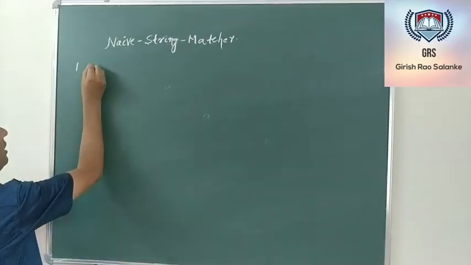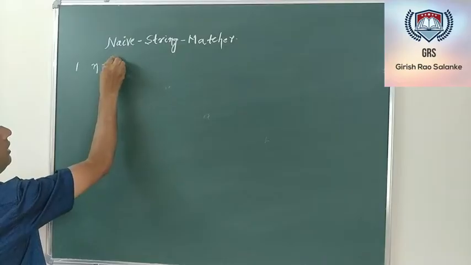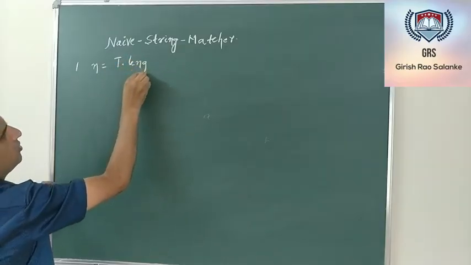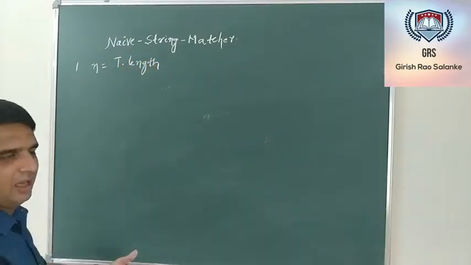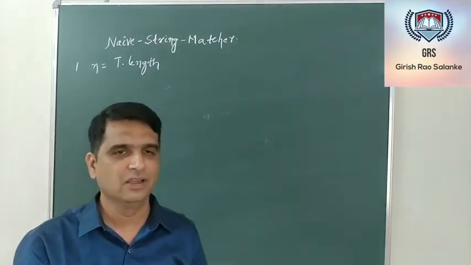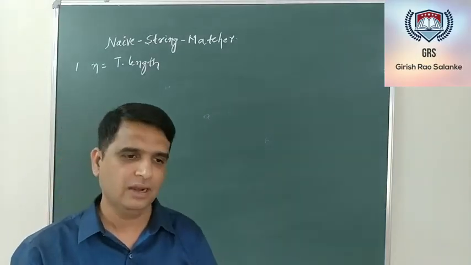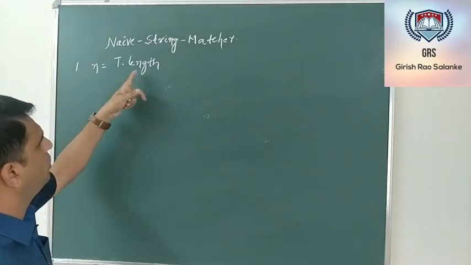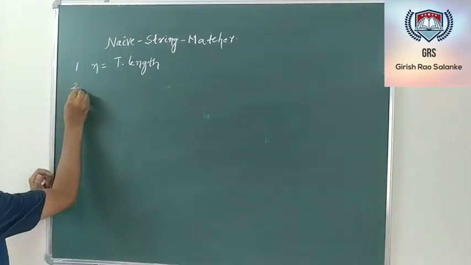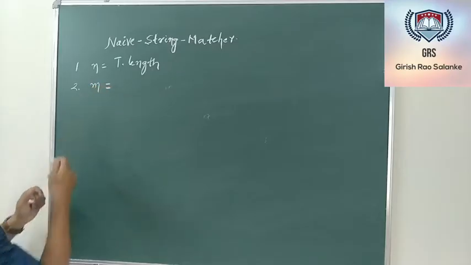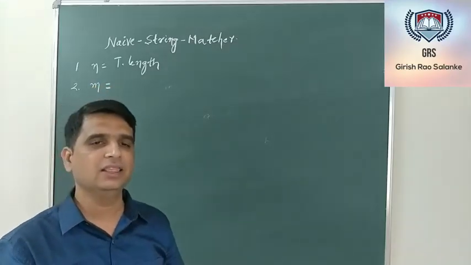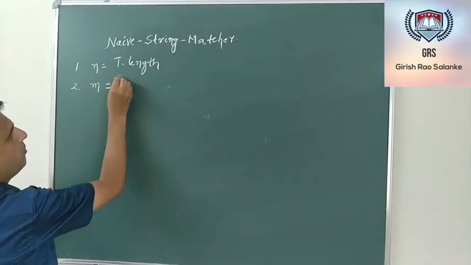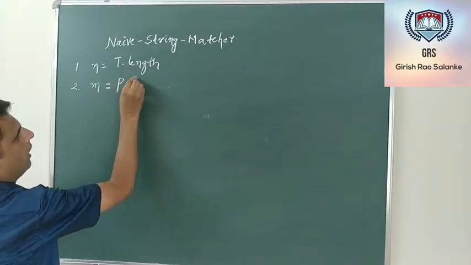So first step would be n is equal to t dot length. Let me assume that there is some function in any programming language which gives me the size of that particular string. So here I am taking it as length. So n is equal to t dot length. So second step would be m is equal to, what was m? M was nothing but the length of the pattern. So p dot length.